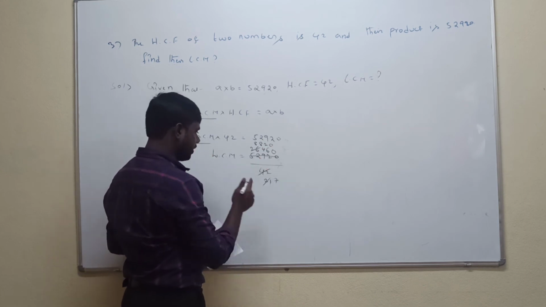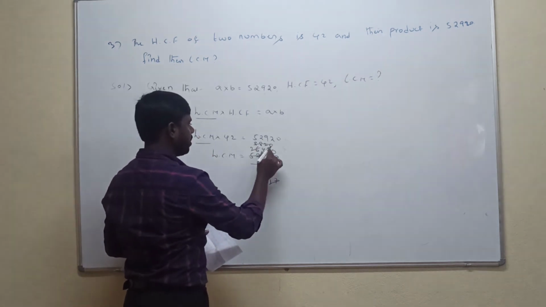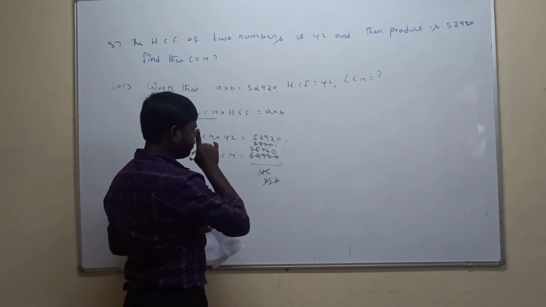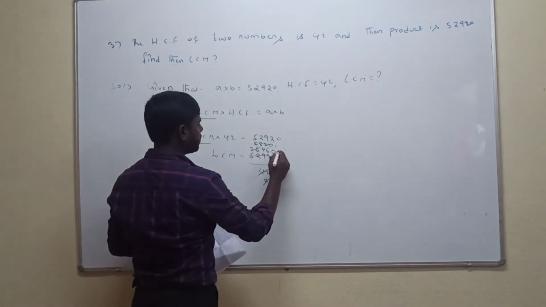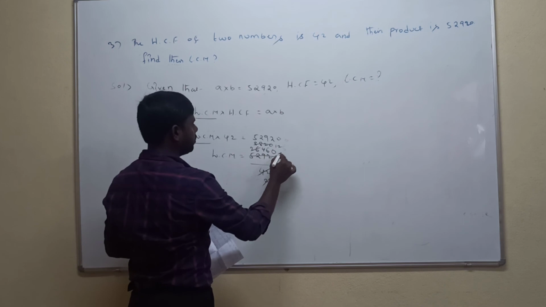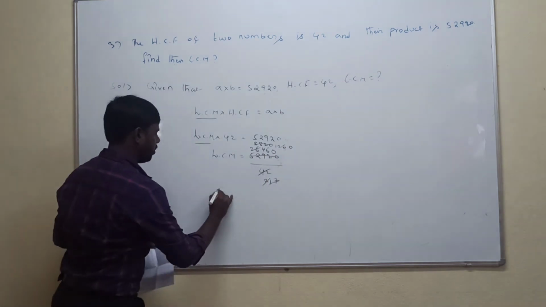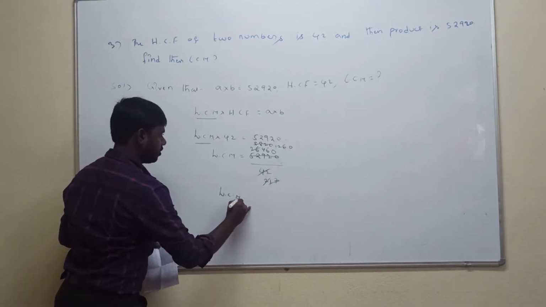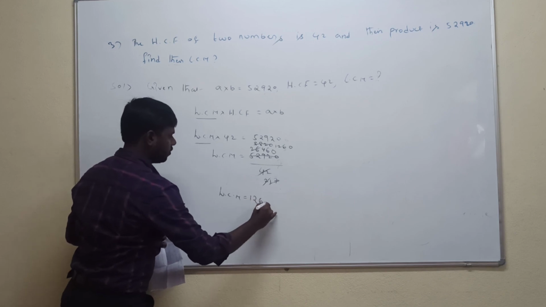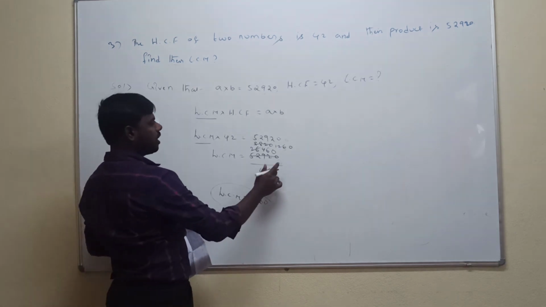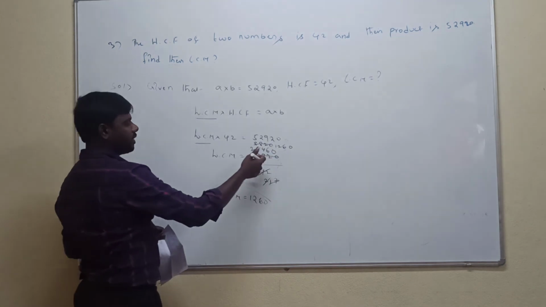Next, 7 is a possibility. 7 eights are 56, 7 sixes are 42. So the LCM value is 1260.